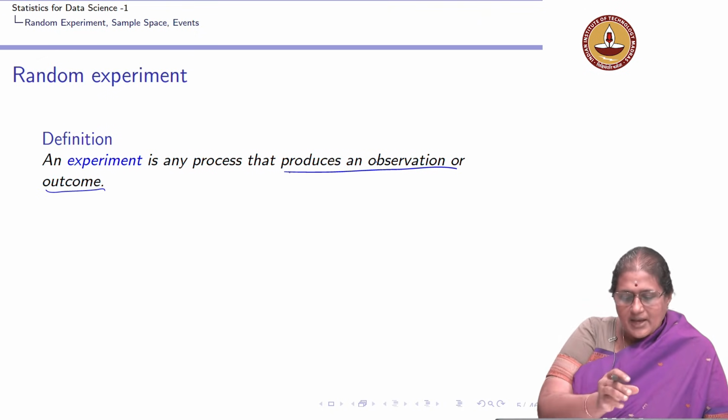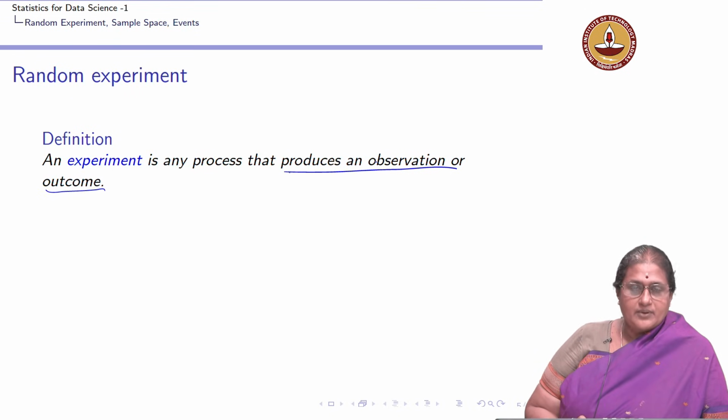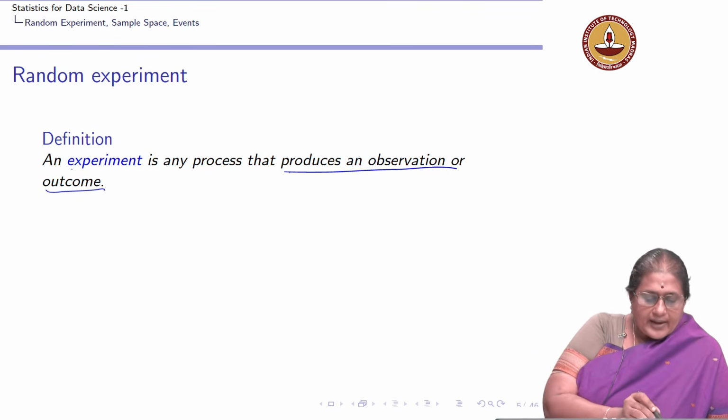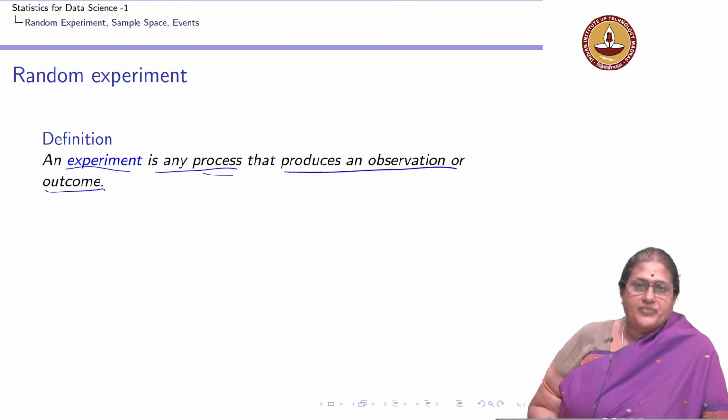What is the observation? I am measuring a particular diameter. Now, I can define an experiment as a process that produces any observation or outcome.